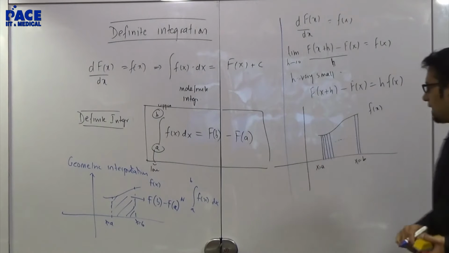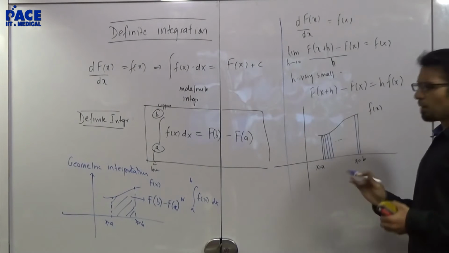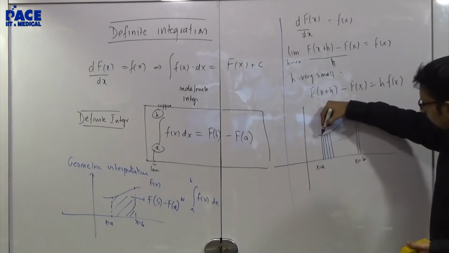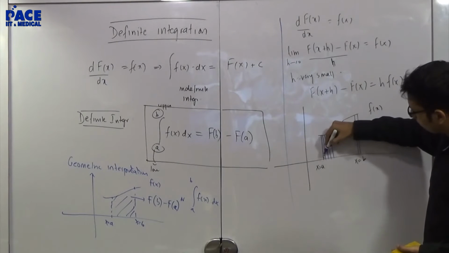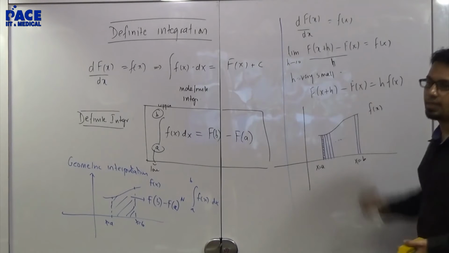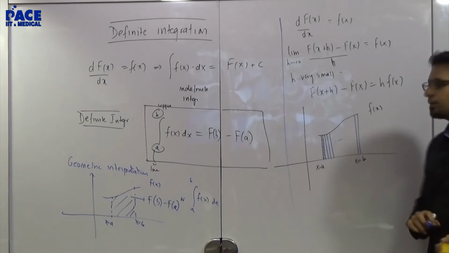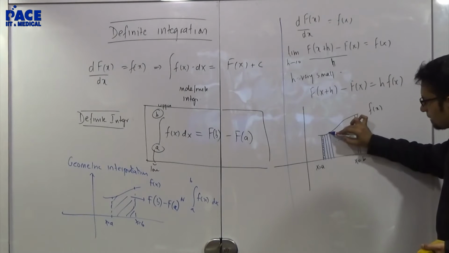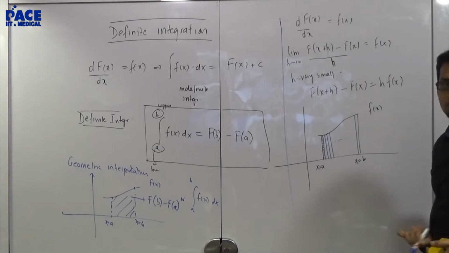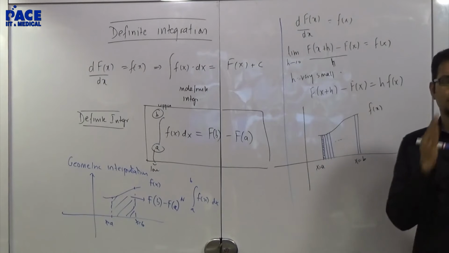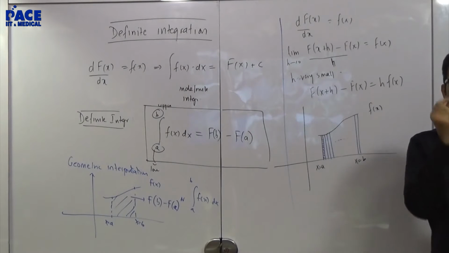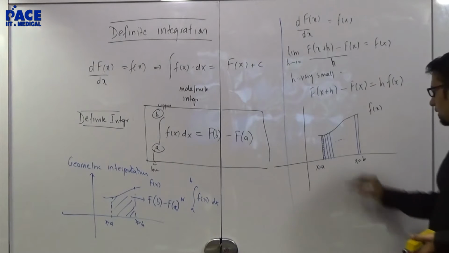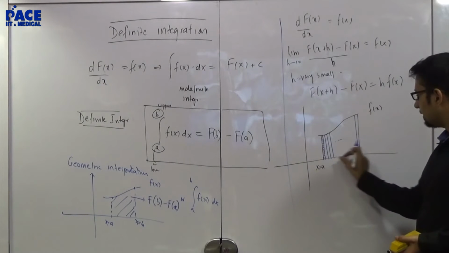Now the partitions are made so small that we can approximate these areas as rectangles. Obviously if you take a curve, the two heights may not be the same, right? But if you take the partition to be very small, then approximately it's a rectangle.